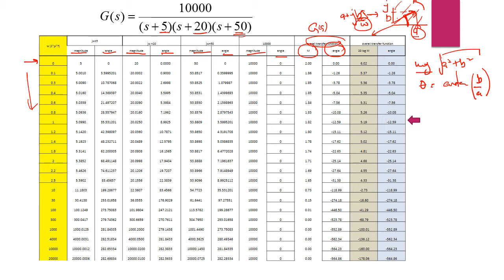But we're not done yet, because a Bode plot is not plotted just in terms of magnitude and angle. In order to make the important characteristics appear clearly, it needs to be plotted in decibels.